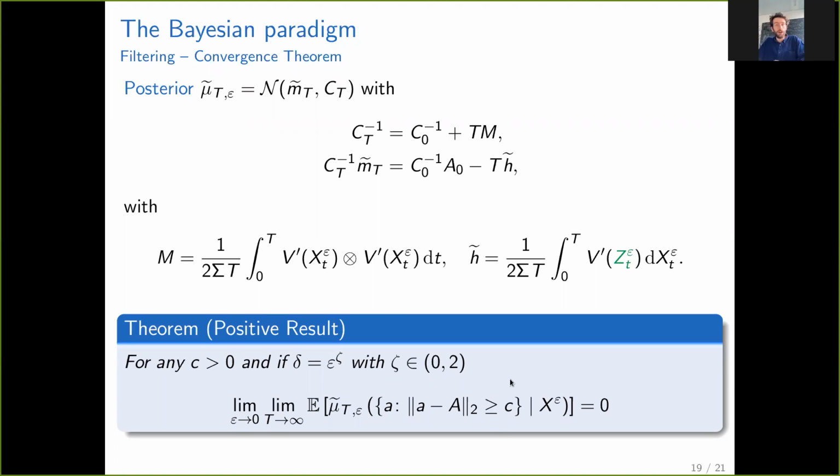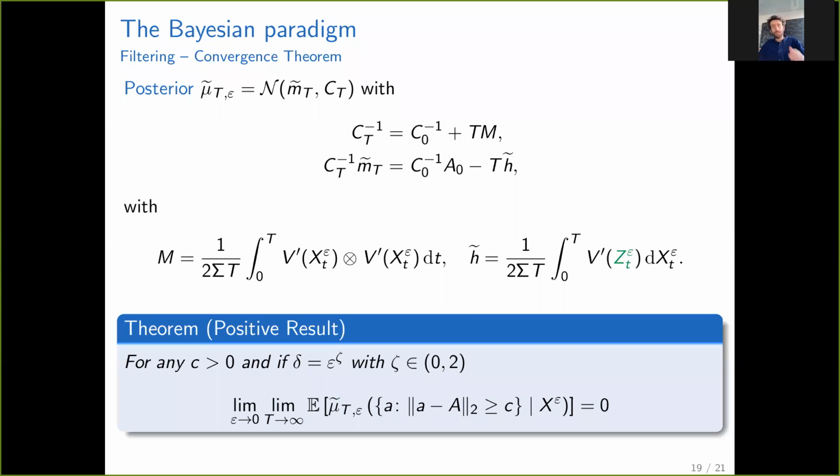So for any ball, any radius C arbitrarily small, if you take delta equal to epsilon to zeta, and I stress here, this is not the best because we still have to know the scale separation parameter, but this is the only way to make it work in the Bayesian framework.